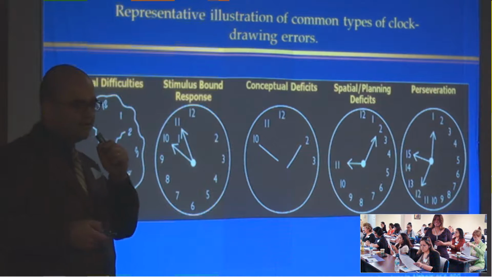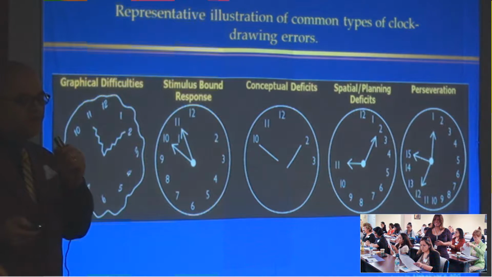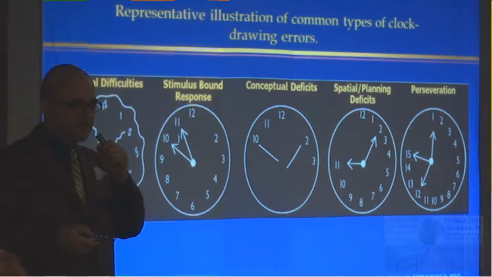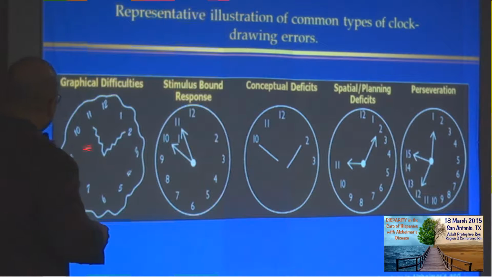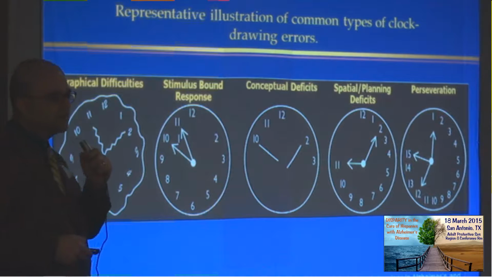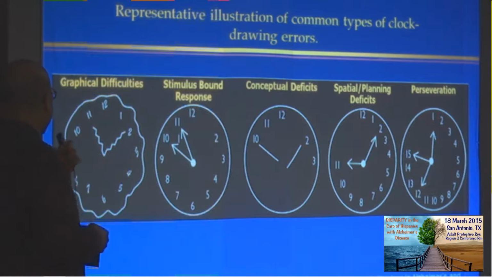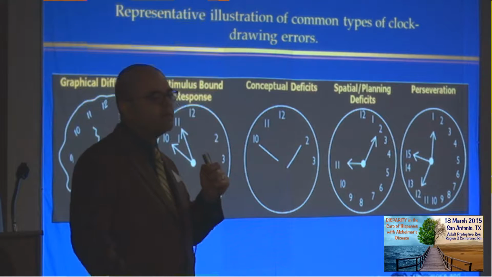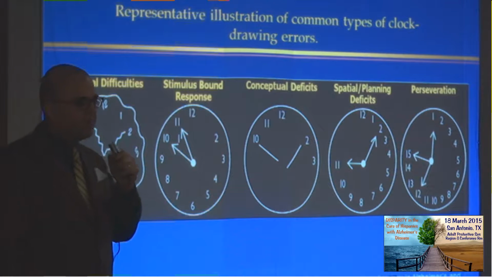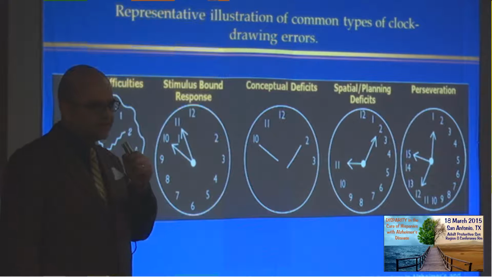For example, if you see here in image number 1, you might say, oh my God, this guy might have an impairment. Look at the clock. He has probably something really going on. But actually, what this guy really has is only some graphical difficulties, because he probably has an underlying tremor, and it couldn't be that pathological.